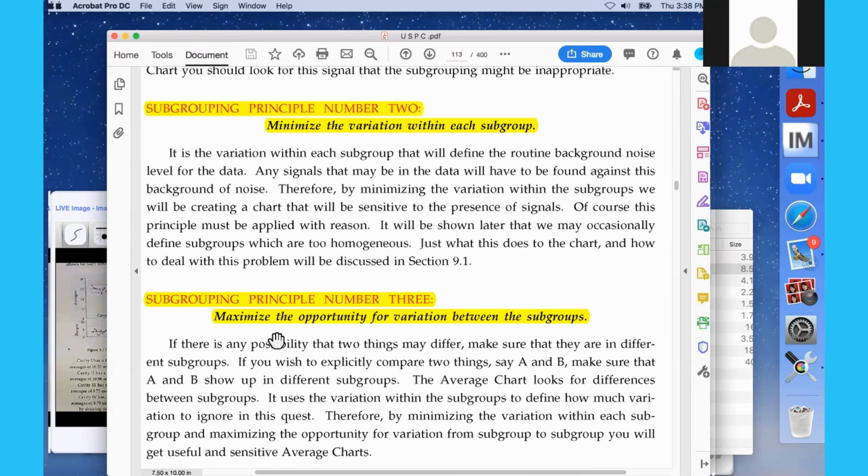Subgrouping principle number 3, maximize the opportunity for variation between the subgroups. If 2 things might be different, they belong in different subgroups. Because if you put them in the same subgroup, you're assuming they are the same. You put them in different subgroups, you're allowing them to differ.